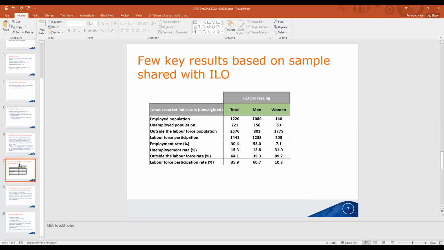And the labor force participation rate would be 35.9%. That's just to give you an idea, and you can see with your micro data if you get the same numbers, but that's what we were getting with the microdata that you've shared with us.